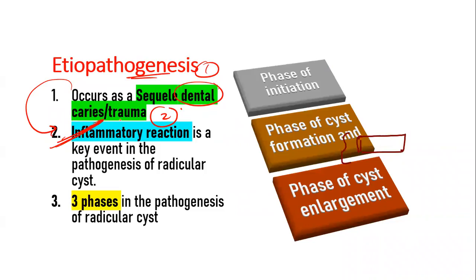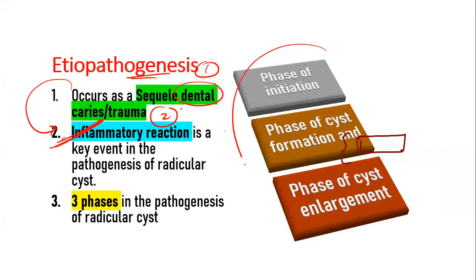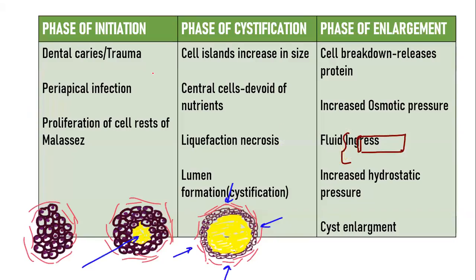So there is dental caries or trauma causing the proliferation of cell rest of Malassez in 3 phases, which is your phase of initiation, the phase of cyst formation, and the phase of cyst enlargement. Right. So in the phase of cyst initiation, you have the proliferation of the cell rest in an island form. In the phase of cystification, the central cells of the island do not get nutrition and there is liquefaction necrosis.